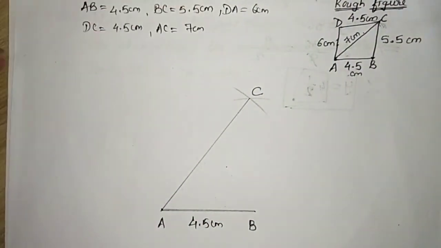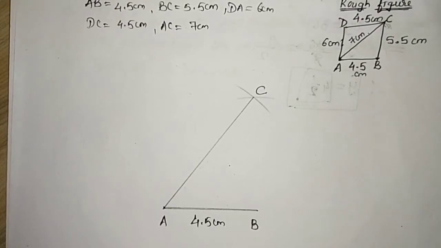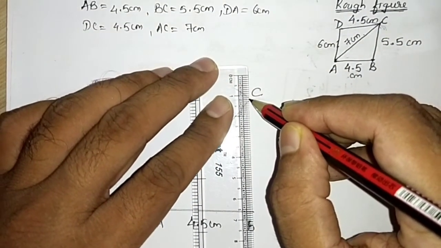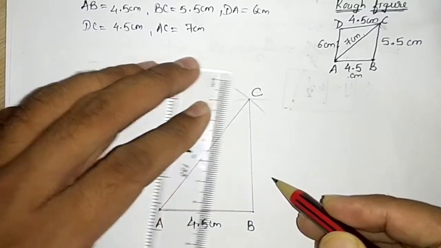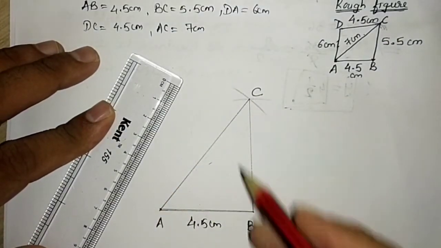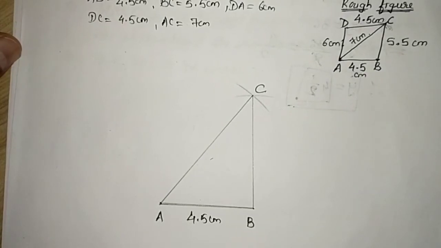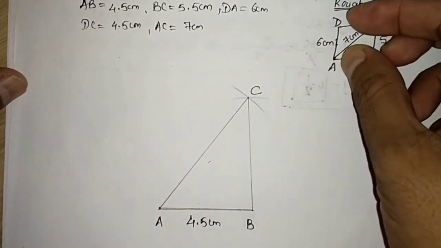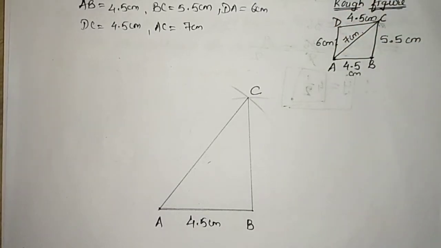Now also we will join B and C, because we have already taken BC measurement 5.5, and you can check this will be 5.5 and this will be 7 centimeter. Now taking A as a center, and radius is equal to 6 centimeter.